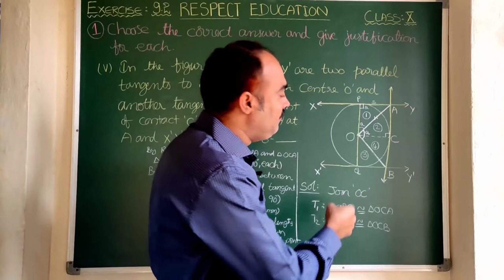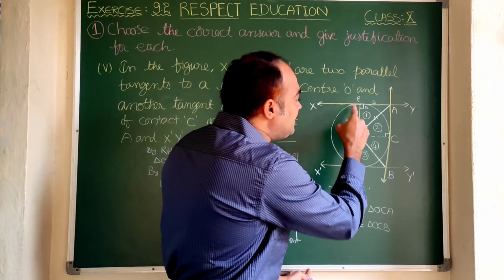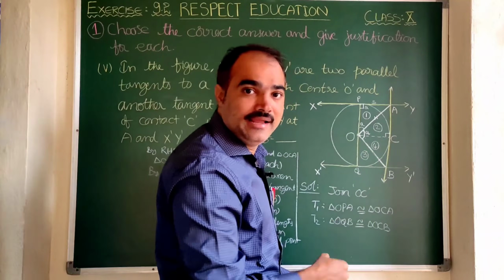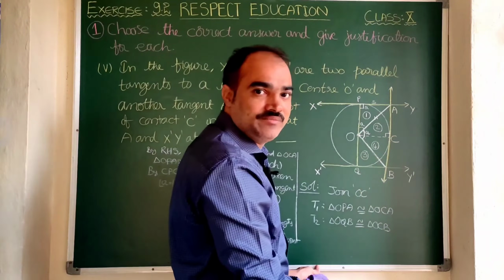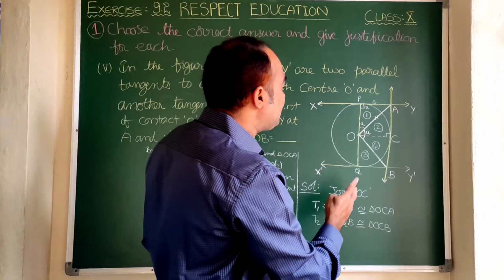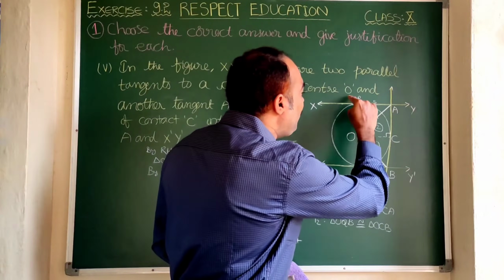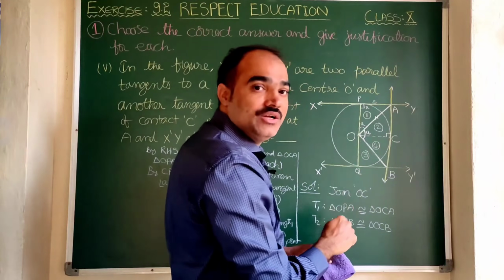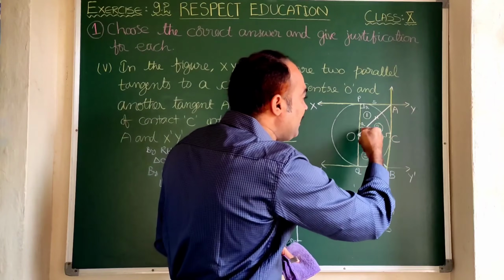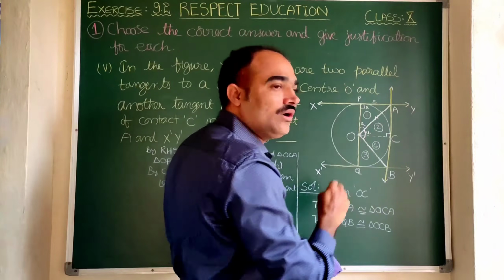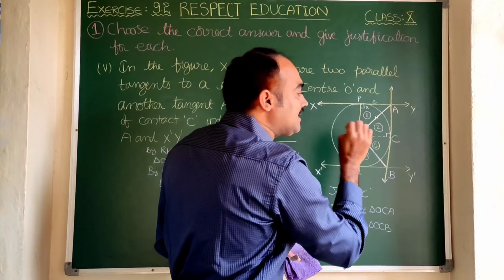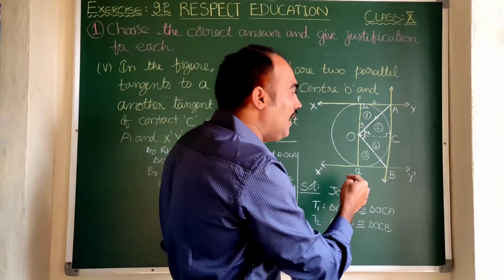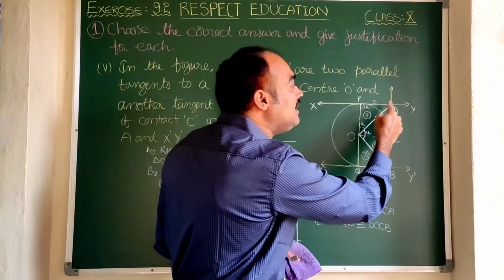If you observe carefully, OP is equal to OC can also be said, because these two are radii. OP is radius, OC is radius. Is it clear? If you observe carefully, OPAC is a square. So here OA is a diagonal. As the diagonal bisects, all the angles are equal.